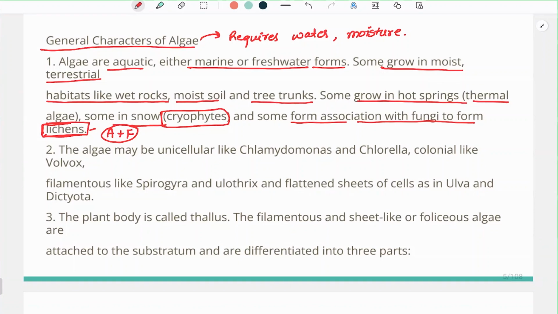If a place has a lot of pollution, the lichens will not grow there. So it is a very important indicator of pollution as well as very important for ecological succession.